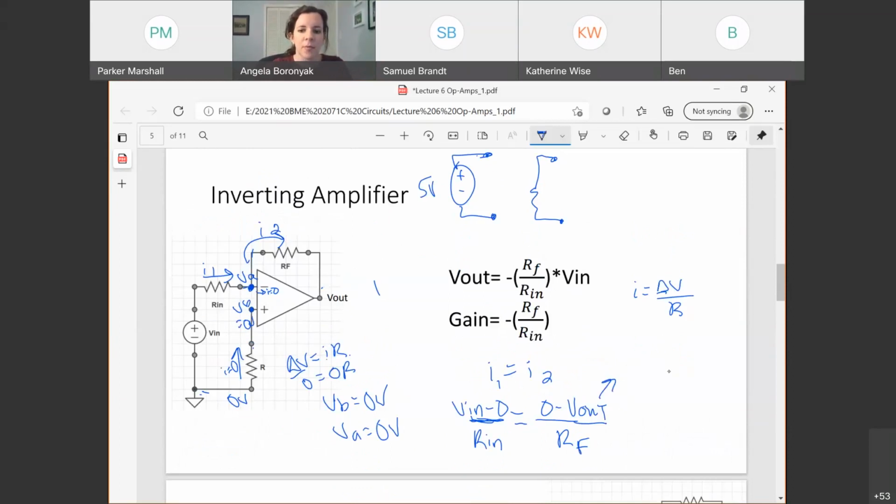And multiply by RF on both sides. What do I get on my left-hand side? I multiply by RF over here. I'm going to take this term, multiply by RF. What do I get?